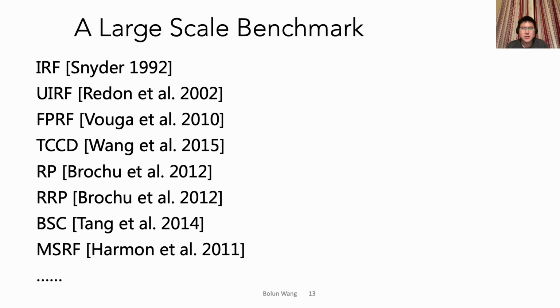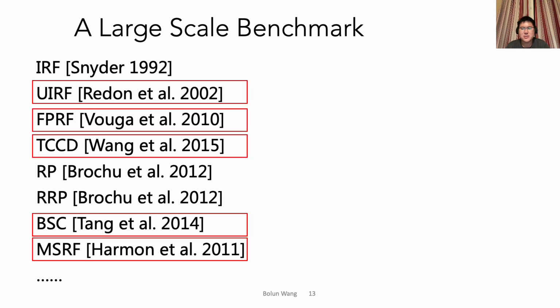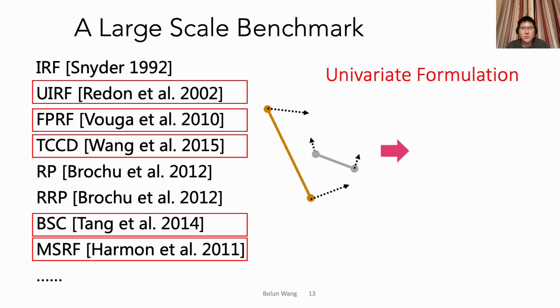These algorithms represent CCD problems into finding roots of different formulations. Some of them are using univariate formulation. It basically first checks if there's a time t that the four vertices of the vertex triangle or the two edges are coplanar.